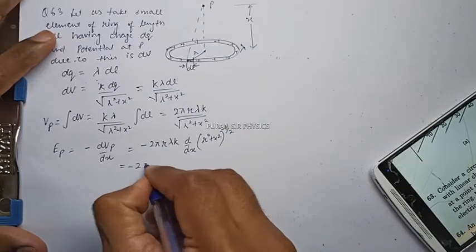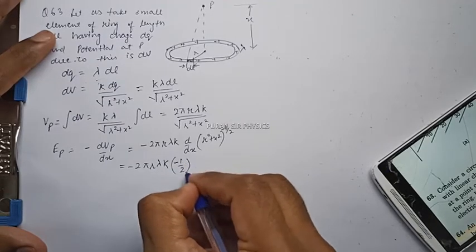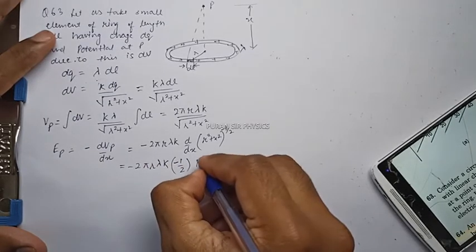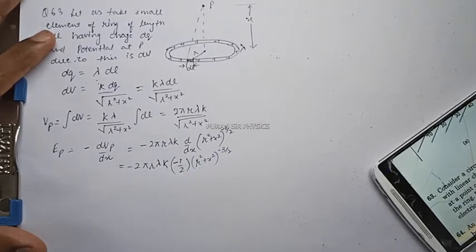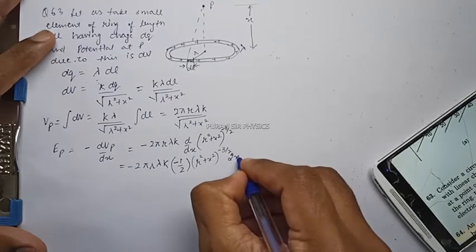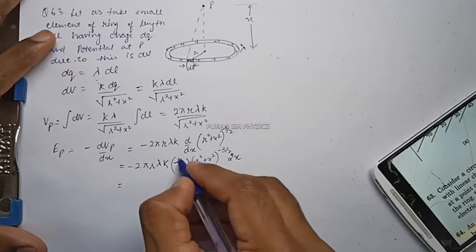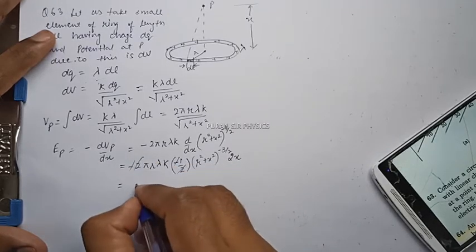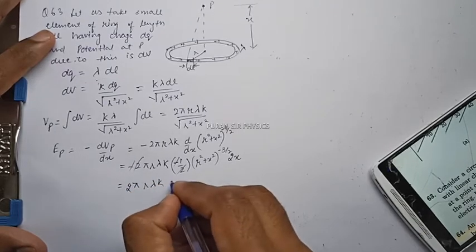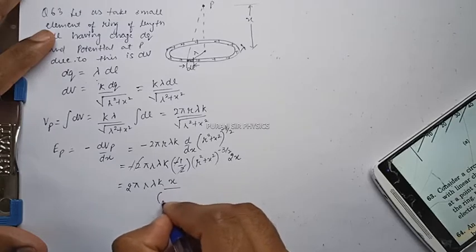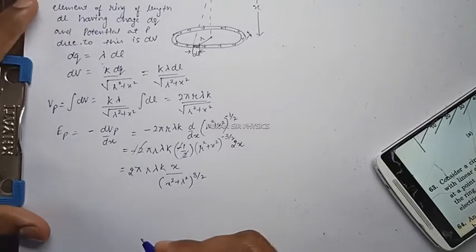So it will become minus 2 pi r lambda k, so minus 1 by 2, r square plus x square raised to power minus 3 by 2, into 2x. So it will become 2 pi r lambda k x upon x square plus r square raised to power 3 by 2.